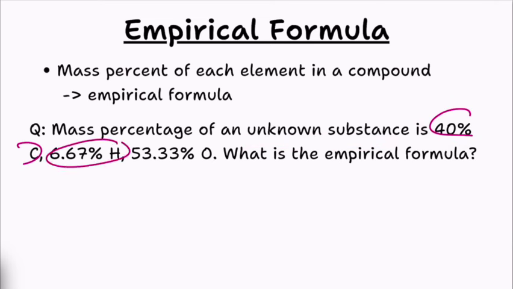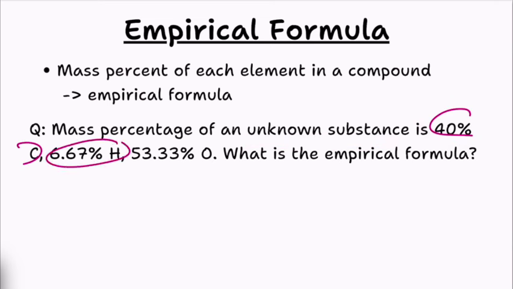What I'm going to do is take the numbers and divide them by the molar mass of each of the elements. 40 divided by the molar mass of carbon, which is 12.01, then it will be 3.33. This is the number of carbon.